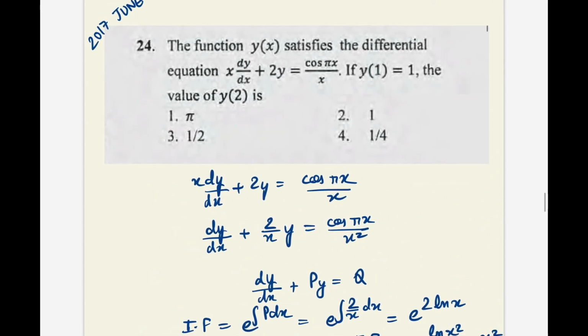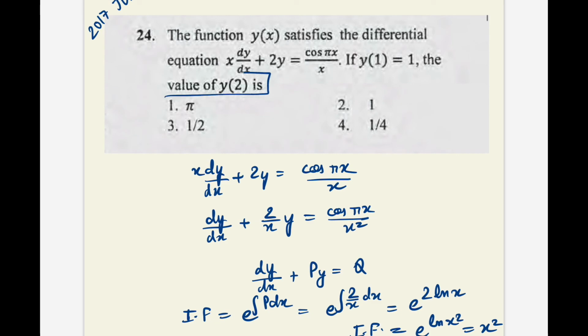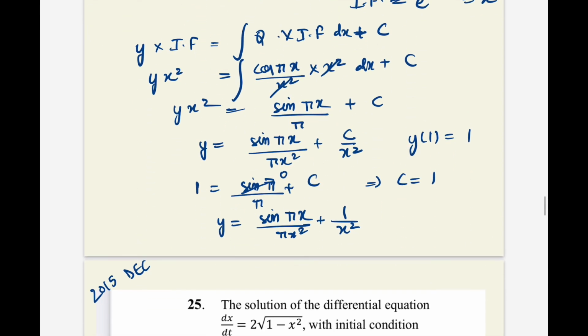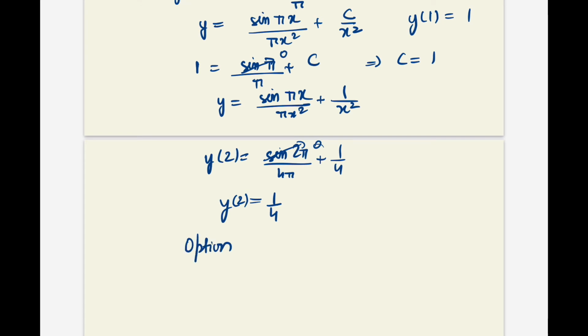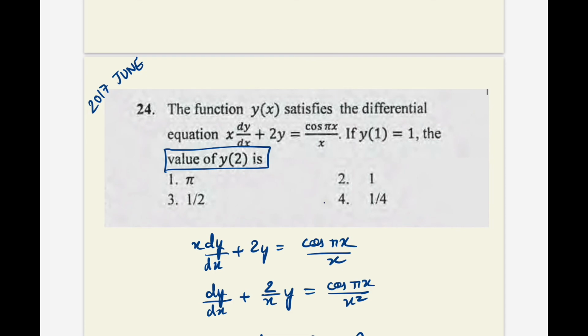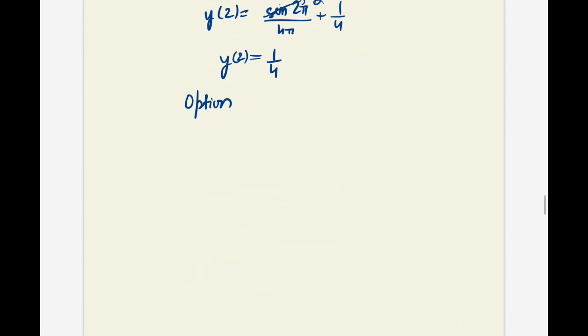We have to find the value of y of 2. So y of 2 is sin(2 pi) by 4 pi plus 1 by 4. Sin 2 pi is 0, so y of 2 is 1 by 4. So the last option is the correct answer. Option 4 is the correct answer.